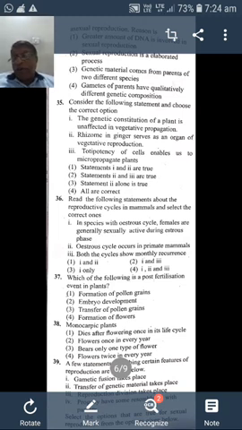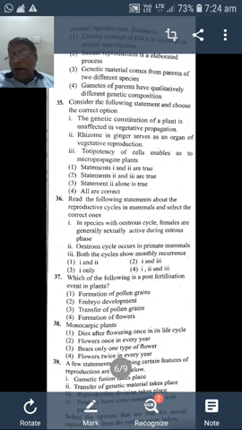Read the following statement about the reproductive cycles in mammals and select the correct ones. Reproductive cycles in mammals. In species with estrus cycle, females are generally sexually active during estrus stage or estrus phase.